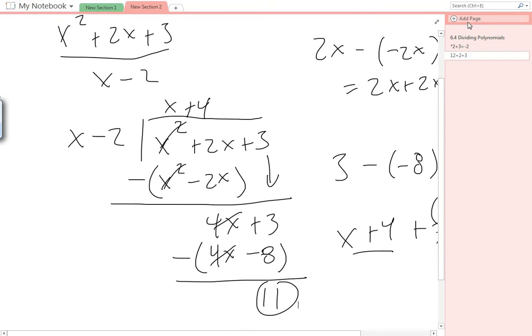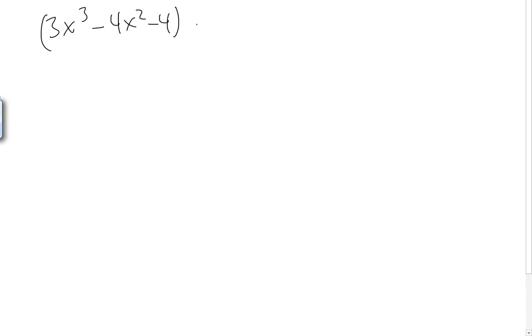Now, you do have to be a little bit careful, because if there's terms missing, you should use placeholders. You don't always necessarily need them. Like, say I have 3x cubed minus 4x squared minus 4, and I want to divide that all by x minus 4.